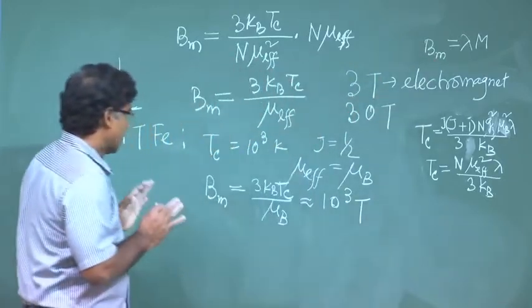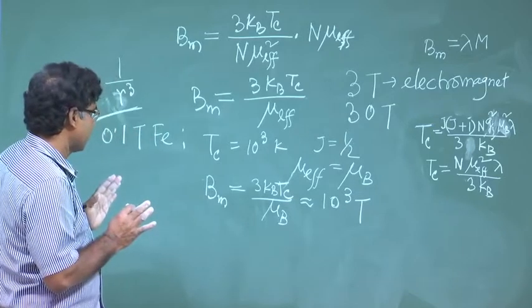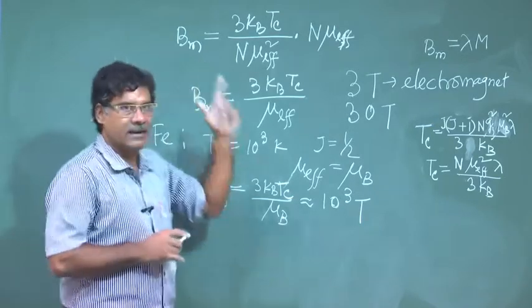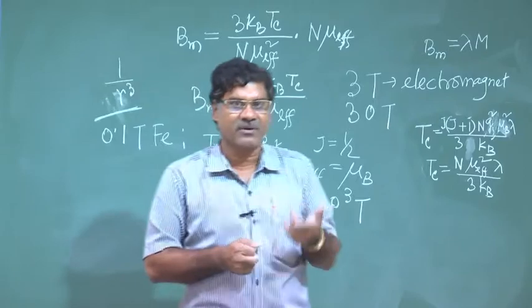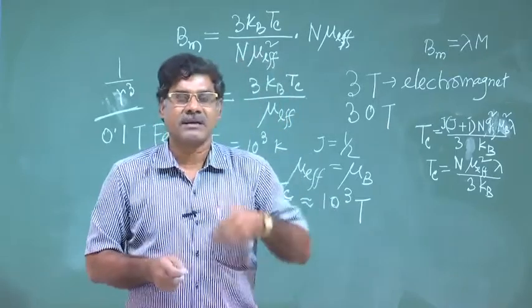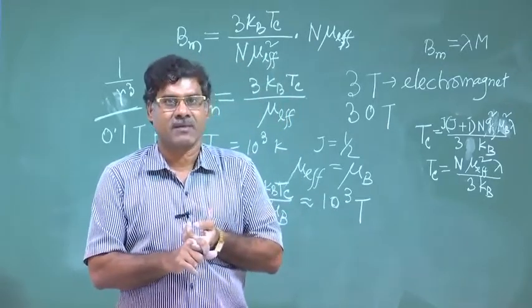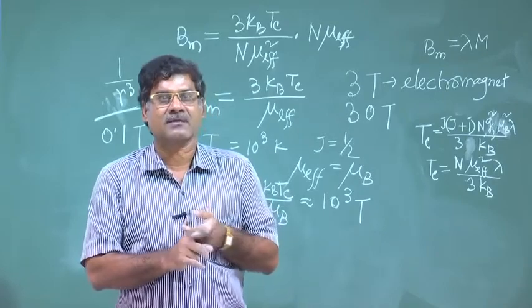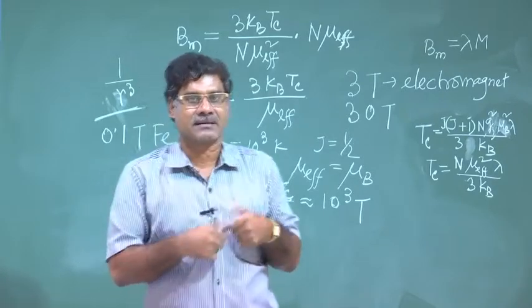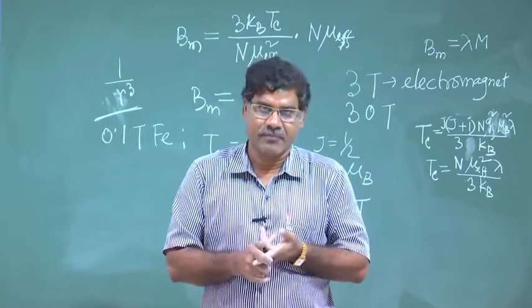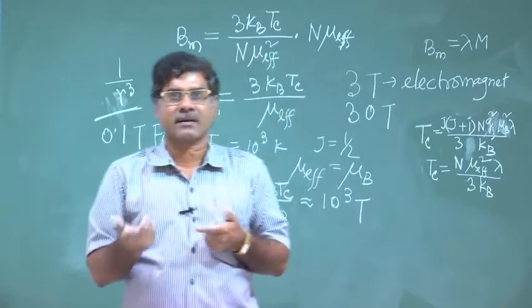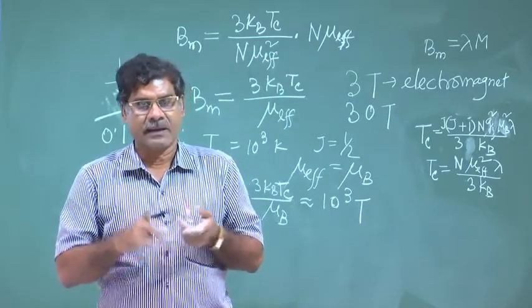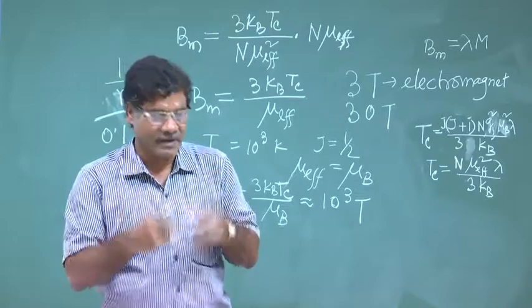Okay. So, the point is that the origin of this Weiss molecular field cannot be the dipole-dipole interaction, because the dipole-dipole interaction, that is a magnetic interaction, is generally very weak compared to the electrostatic interaction, the Coulomb energy.